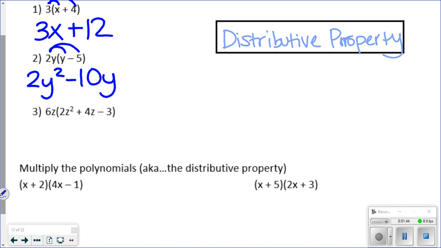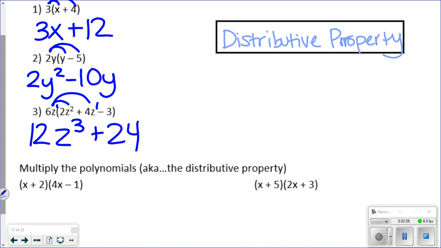Let's look at the next one. 6z times 2z squared. So let's do 6 times 2. And then I have z to the first power and z squared. So 1 plus 2 is 3. Then we're going to do 6z times 4z. So 6 times 4 is 24.